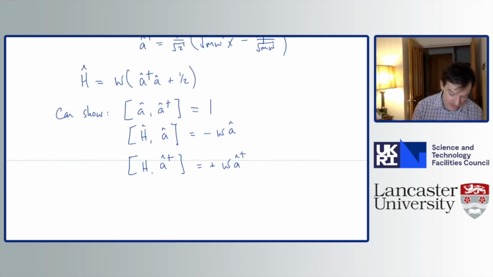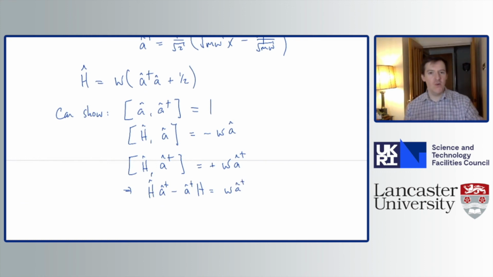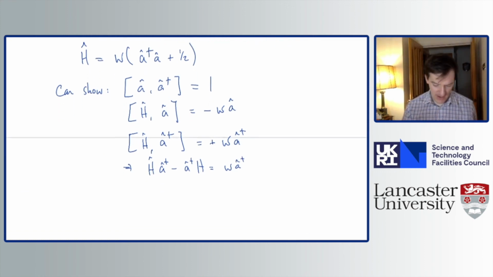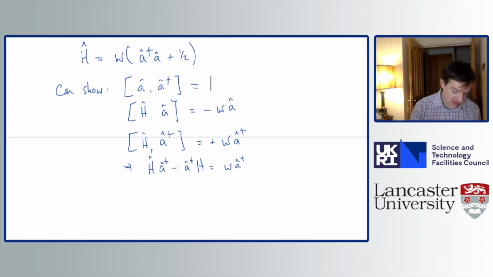Okay. In particular, this bottom one means that H A dagger minus A dagger H is equal to omega A dagger. Let's show where we can use this result. Okay, so if we imagine that there's a state n, which is an eigenstate of my Hamiltonian.